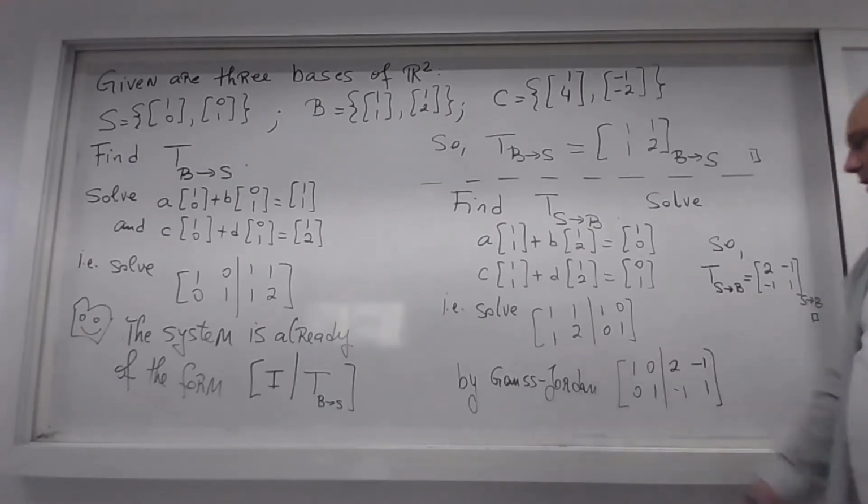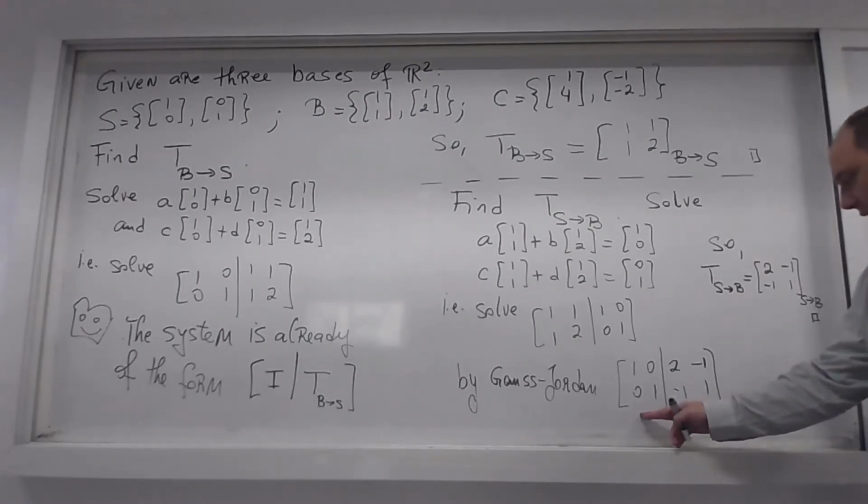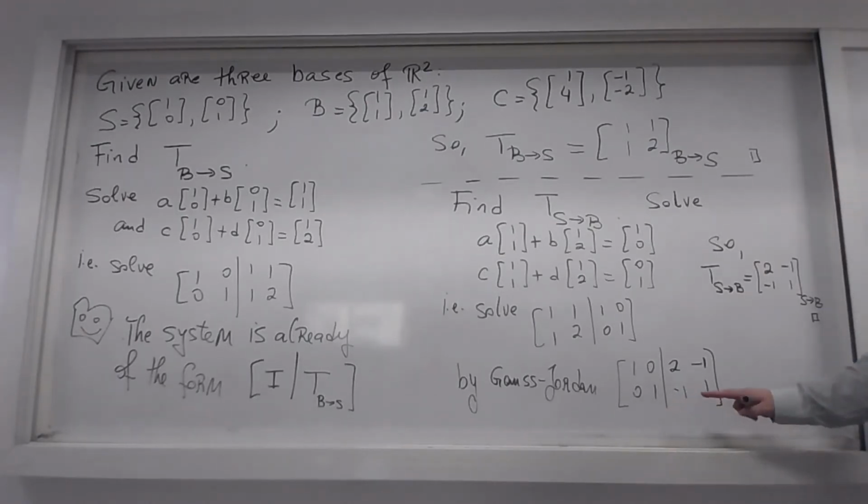Straightforward. So apply Gauss-Jordan. Once you're done, you get the form identity slash something. That something is the transition matrix from basis S to basis B. So very simple.